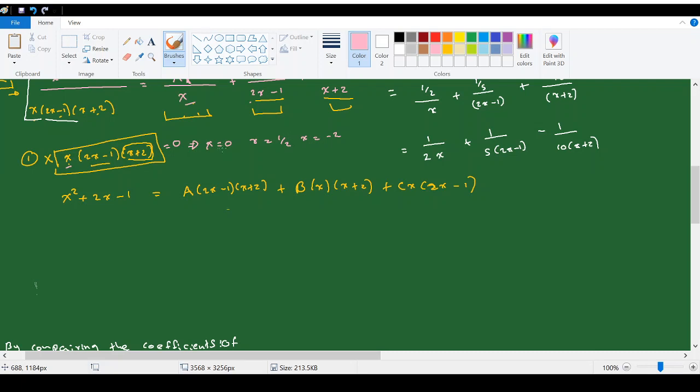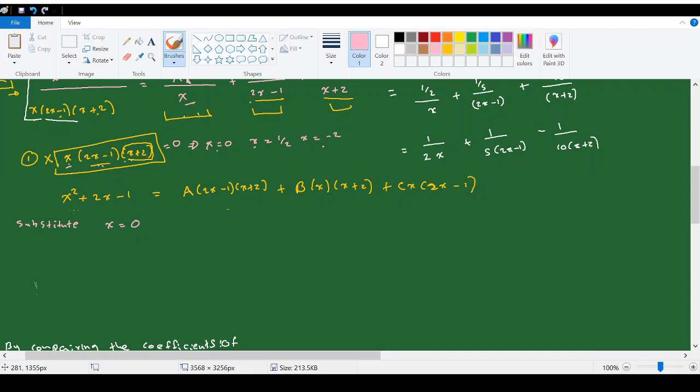Okay, because when we substitute these values, then one out of these three factors will become 0 for each and every substitution. I will describe it now. Let's substitute x equals 0 and see what will happen.